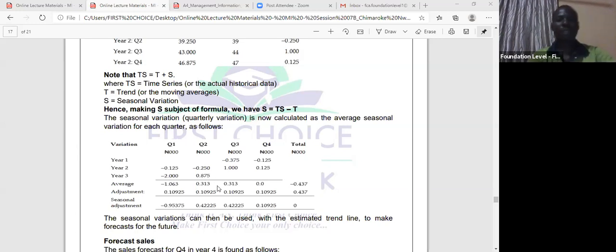Okay, I've approximated it to what they did here. Now, you now plus 0.313 plus 0.313 plus 0. You see, you are getting minus 0.437. But what are we supposed to get? 0.